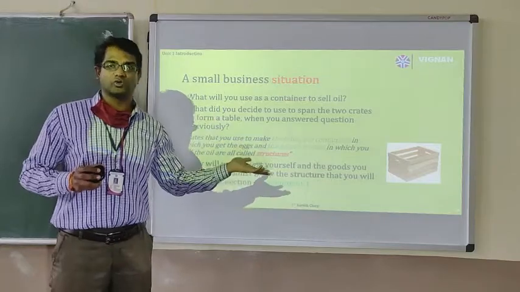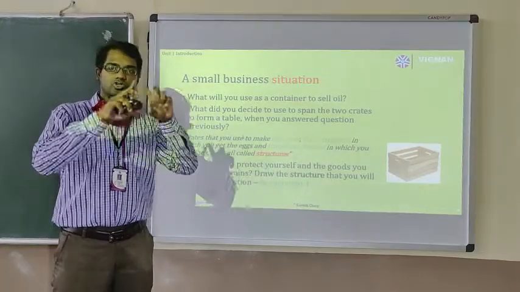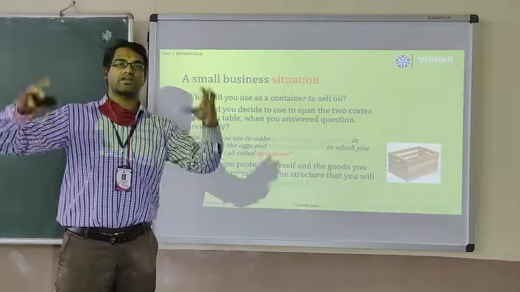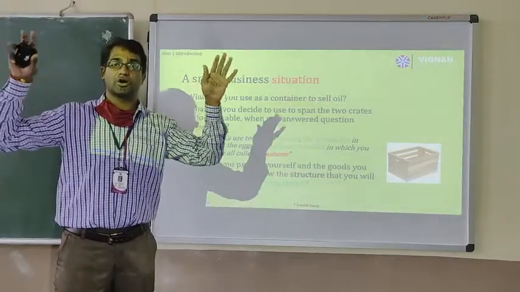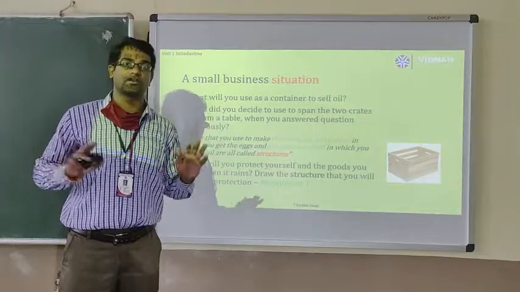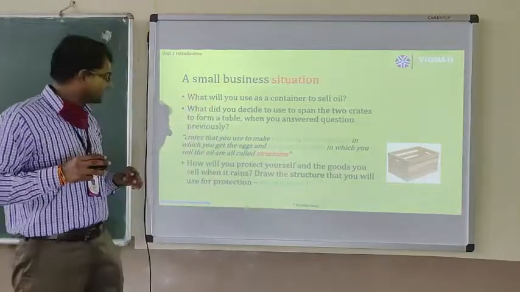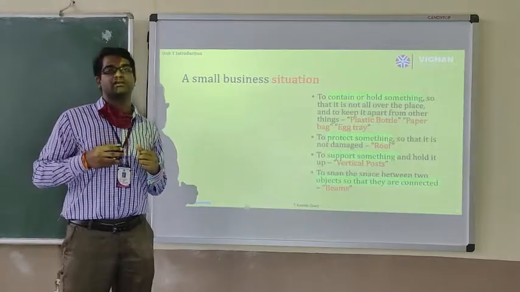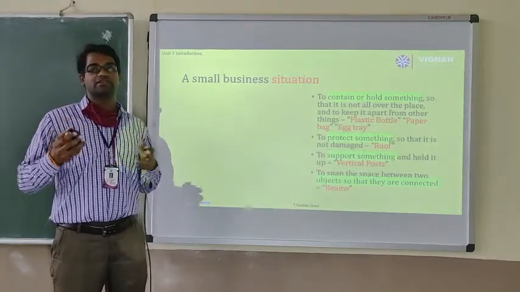So I need you all to draw a stall, which will be your first assignment. Take a few vertical posts. Now remember, you should also cover your stall in order to protect it from rain and so on. So ensure these things.